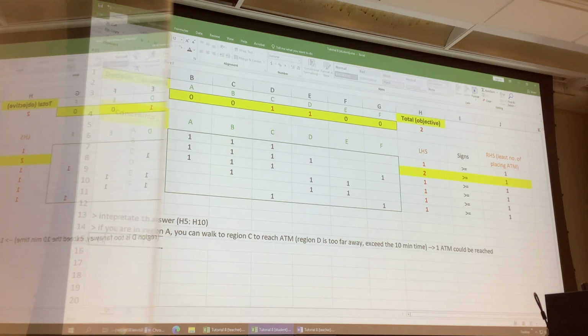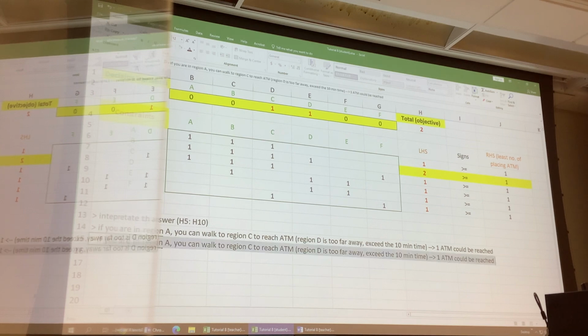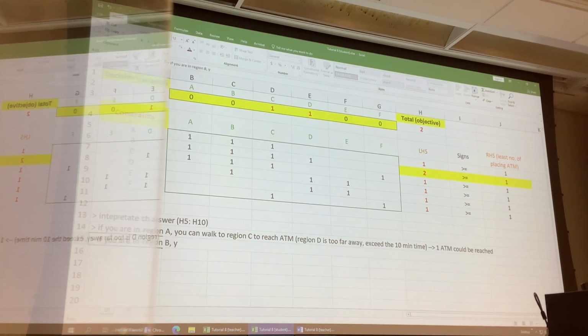So if you are in region B, you can walk to region C or D. If you start walking from region B, you can walk to both region C or region D because that is also within 10 minutes.